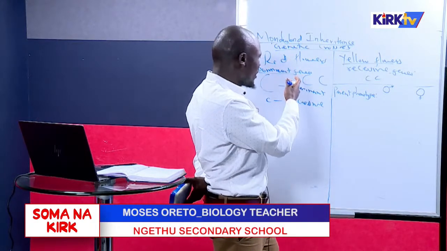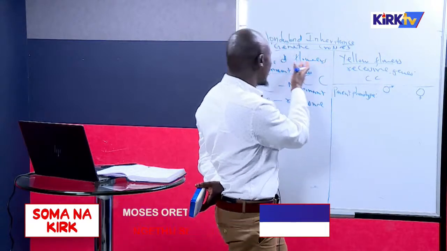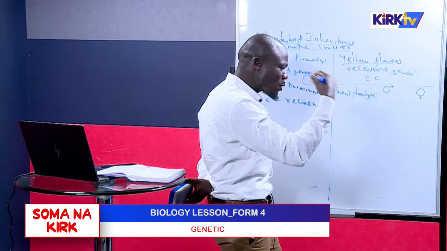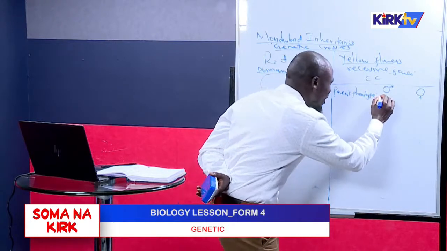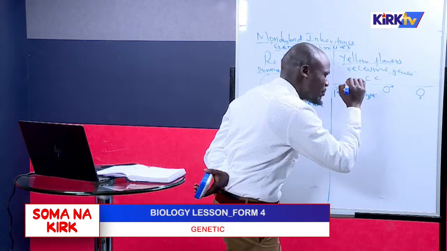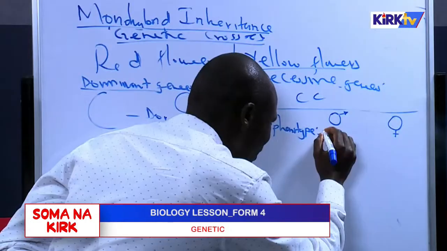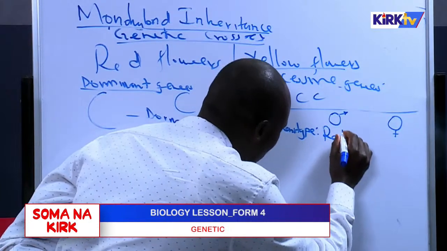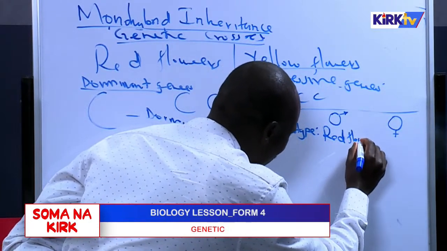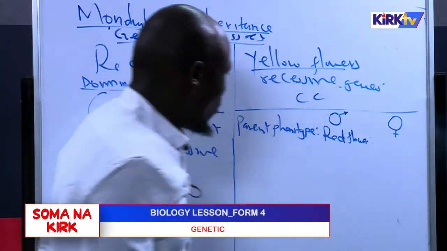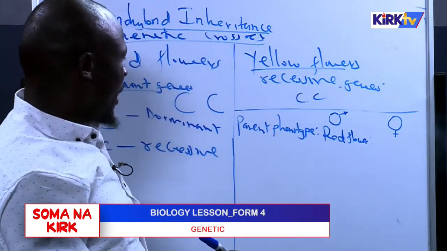So I'm able to say, because this is the male and I've decided it is the one that is having the red flowers, from the outer appearance, I will say it has red flowers. So I'll just mention what I'm able to see. I just write red flower, because I'm using one male.